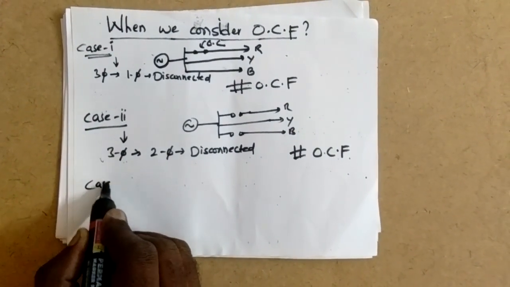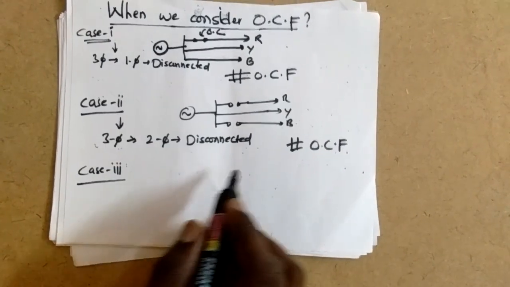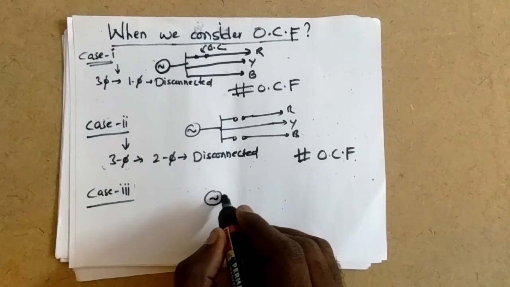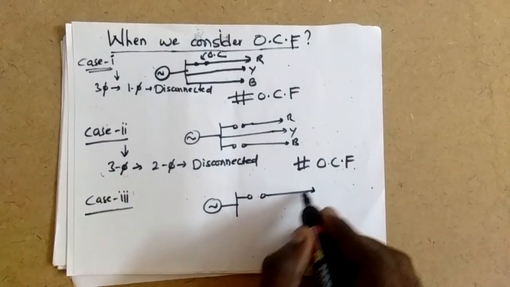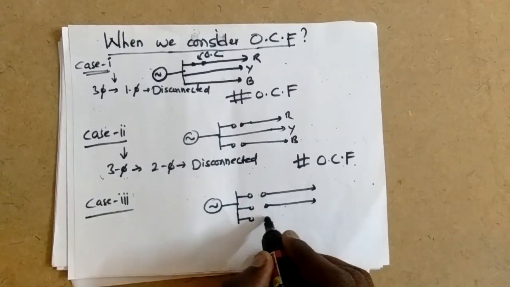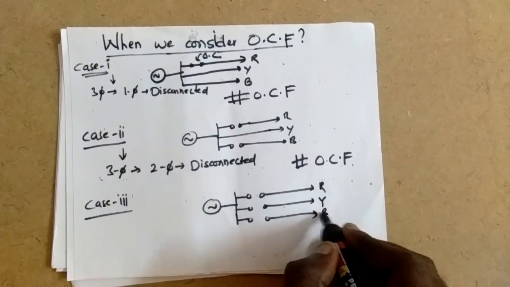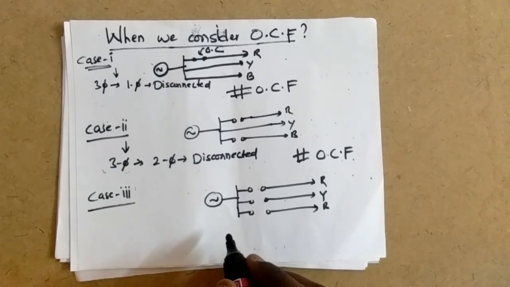Now let us come to case 3, the third case. If all the phases R, Y, B get open circuited, how can you consider this?